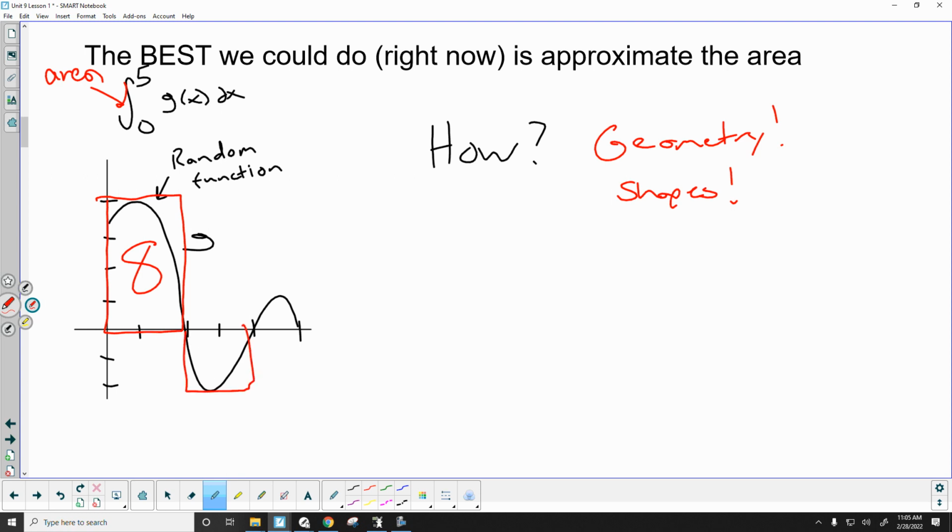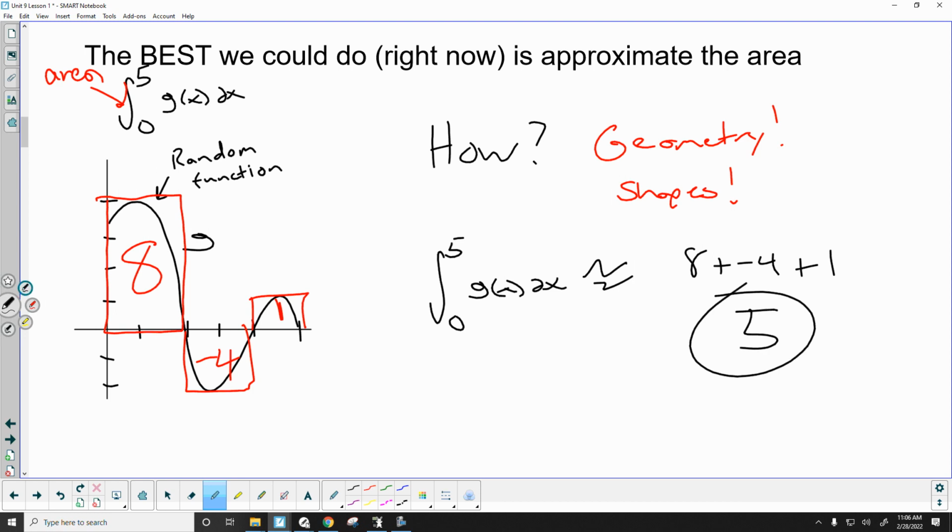So this is -4, where you kind of understand underneath the x-axis would be a negative displacement, negative accumulation. And this is a 1 by 1, this is 1. So you would think of this integral as meaning area. And you can use geometry to approximate area. You can add up all these shapes, and you get 5. That's today. That's what we're going to be doing.